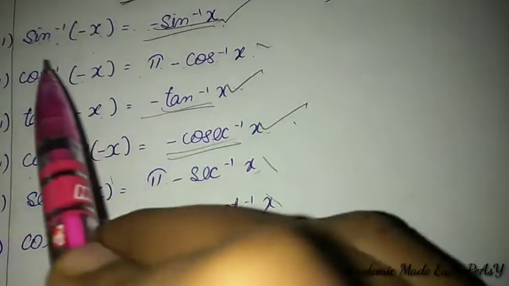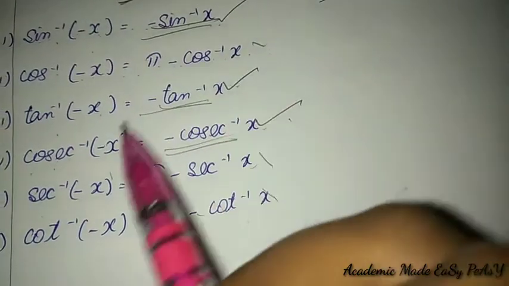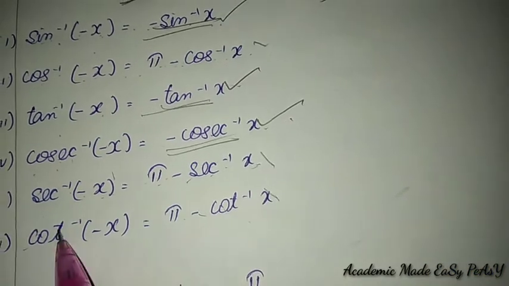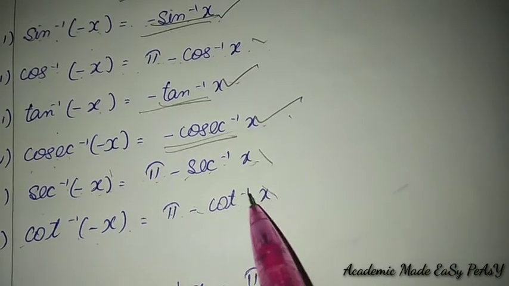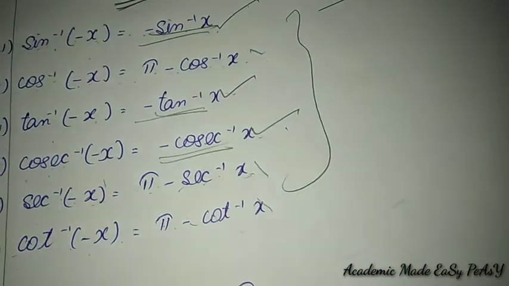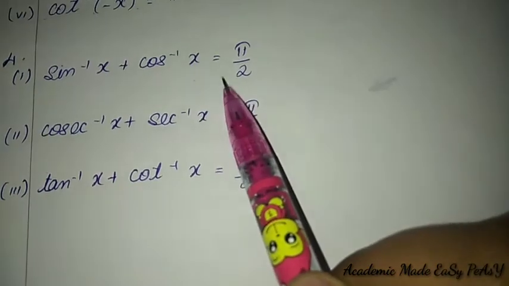For example, cos inverse minus x is pi minus cos inverse x. Secant inverse minus x is pi minus secant inverse x. Cot inverse minus x is pi minus cot inverse x. Is that okay? This is the third part. Now let us learn the fourth part of the properties.